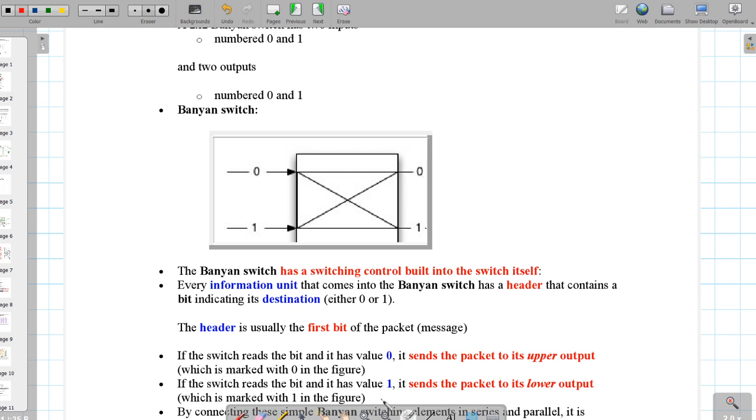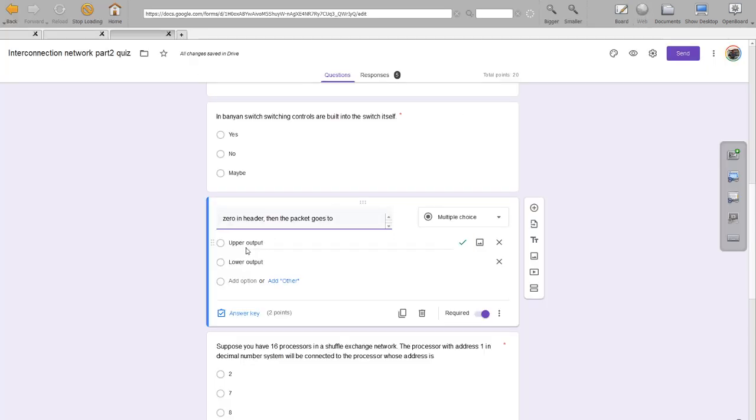Here you can see that if the switch reads the header bit, the first bit of the packet, and it has value 0, it implies that the Banyan switch must send the packet to its upper output, which is marked with 0 in this figure. So your answer is upper output here.